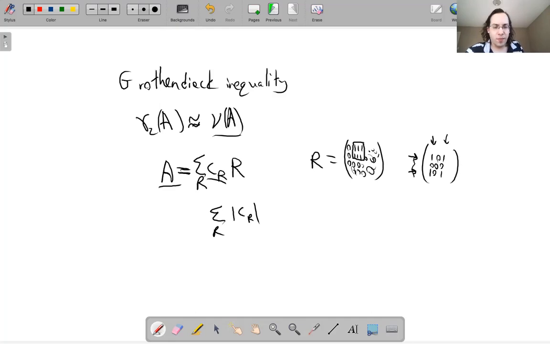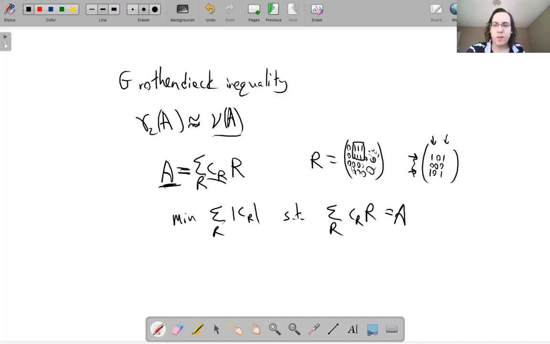This new norm, or one version of it in the notes, asks to minimize this expression such that the sum of this linear combination of rectangles with these coefficients really is the matrix A. Okay, and so this is a norm of the matrix A. So we did this with rectangles just now.